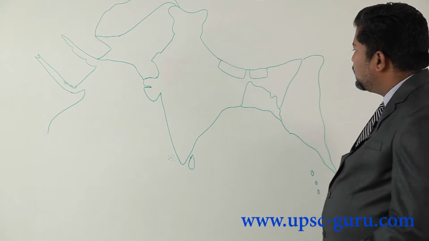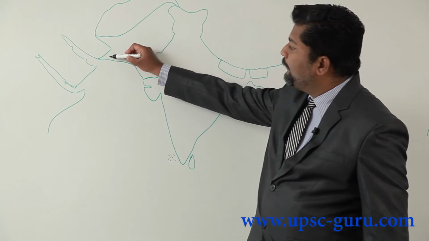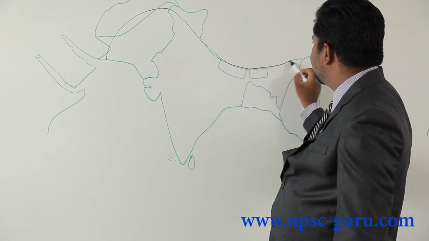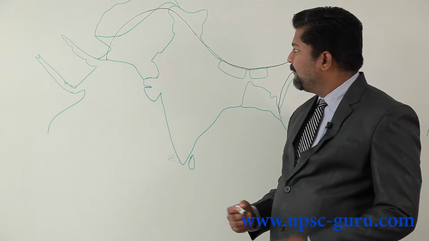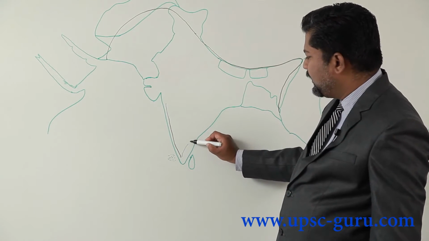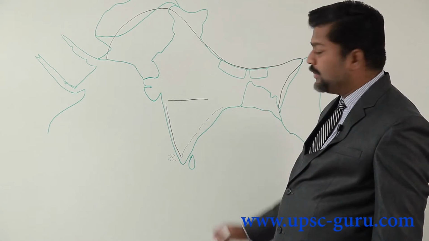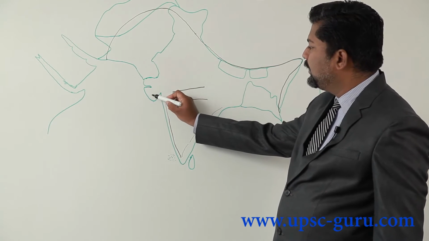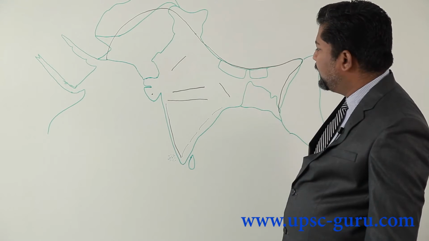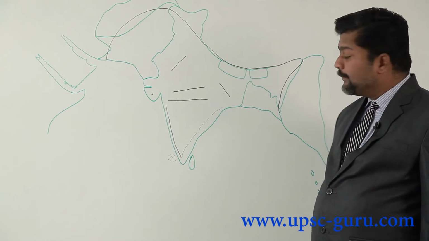Now for geographical features, with black color I am showing you the Himalayan mountain ranges, then here the Western Ghats, Eastern Ghats, Satpura range, Vindhya range, Girnar, Aravalli mountains, Rajmahal hills. So these are the important features we have drawn here.